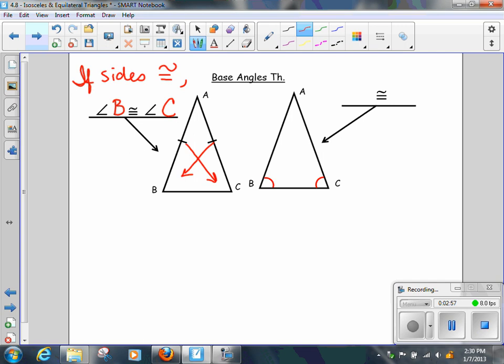And then the converse of that starts with the angles. If angle B is congruent to angle C, write this down. Now I want you to be very specific. How would you name which side is opposite angle B? Be careful. Which side is opposite angle B?